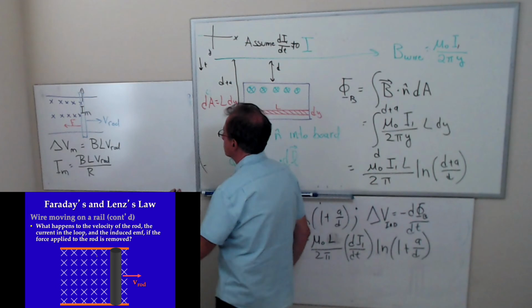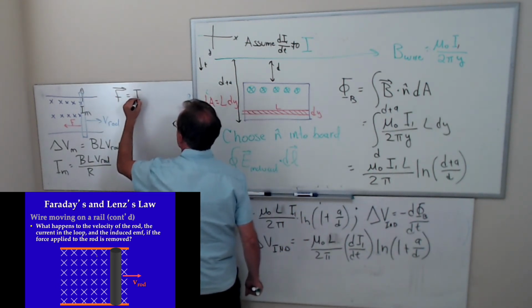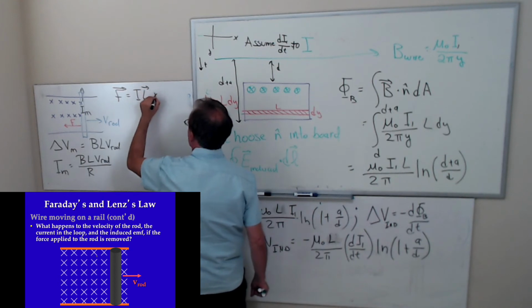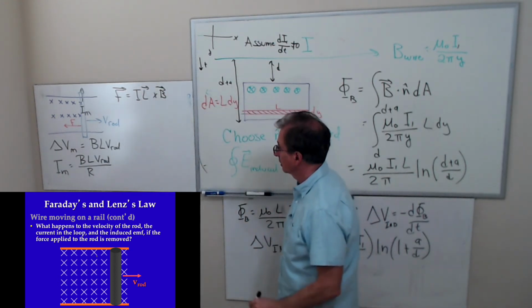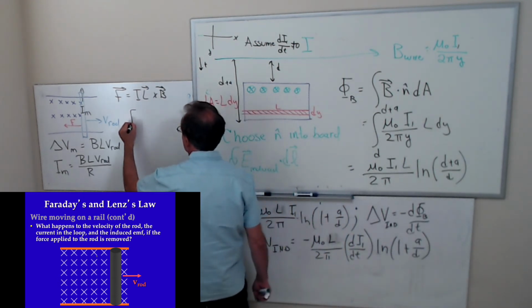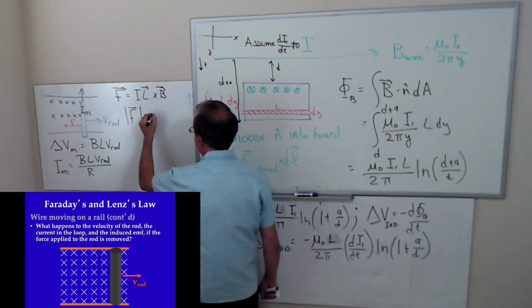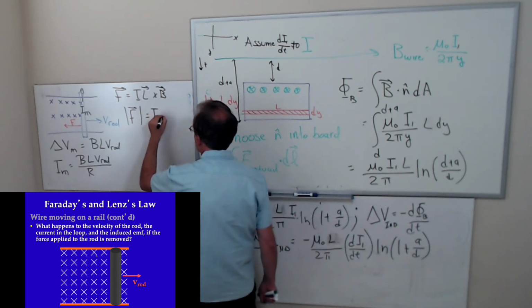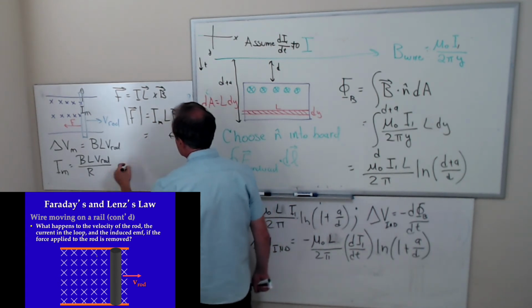Using the equation F is I L cross B that we learned in chapter 29, the force on the rod, at least the magnitude of it, is I sub m L B, where I sub m is this.